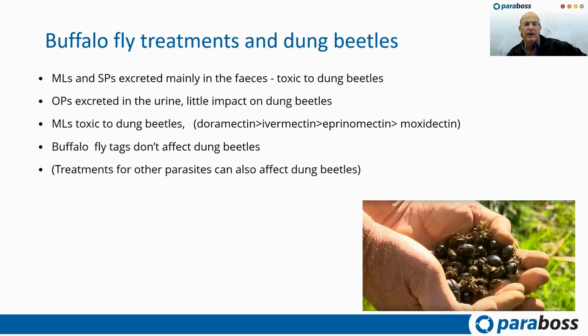But where the cows are still urinating on top of the dung, that can have an effect. There's a gradation in the MLs about which ones have the biggest effect against dung beetles. Doramectin probably has most effect, and moxidectin least within the MLs.